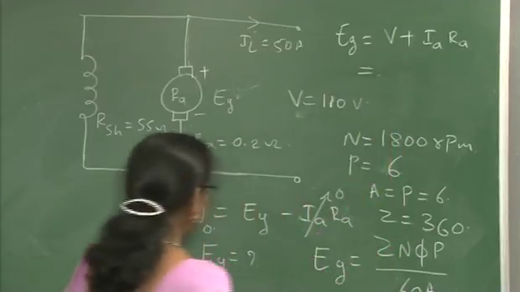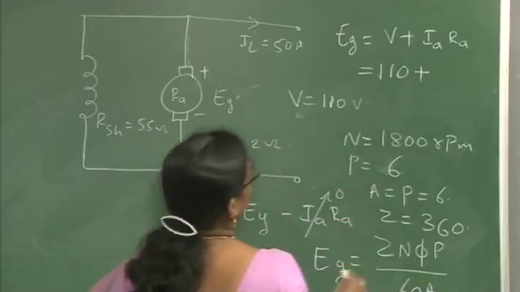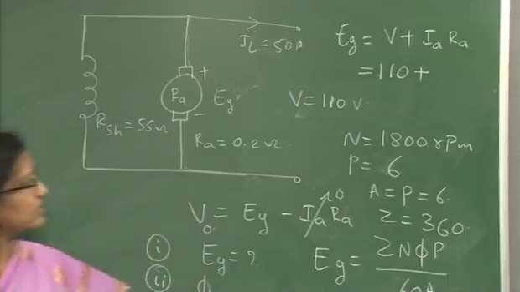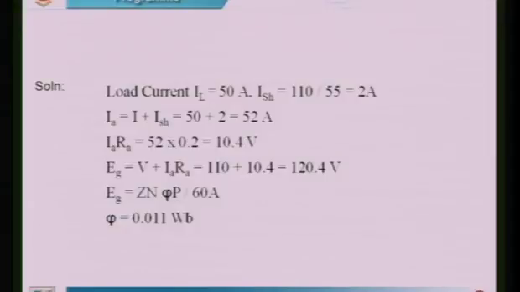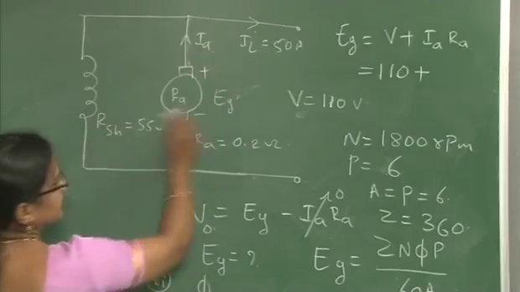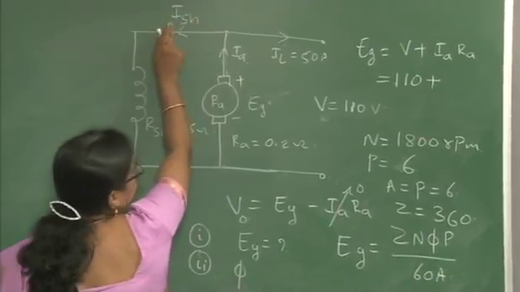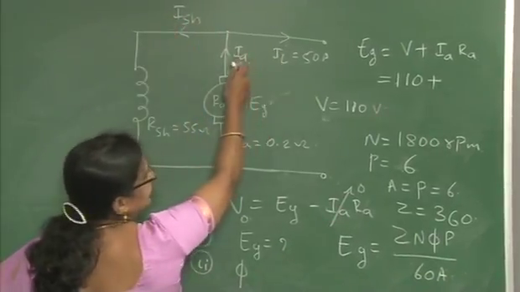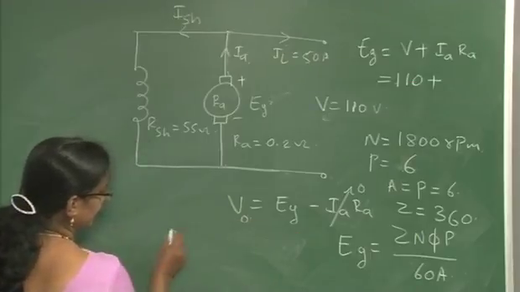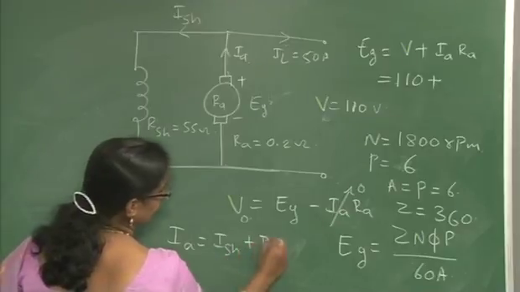The given voltage V is equal to 110, and then Ia is given. So, what is the value of Ia? You can find it out, because RSH is given and V is given. If you find out this ISH, and IL is given, Ia you can easily find. By using this equation, Ia is equal to ISH plus IL.